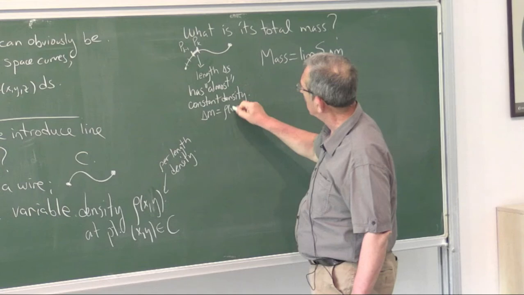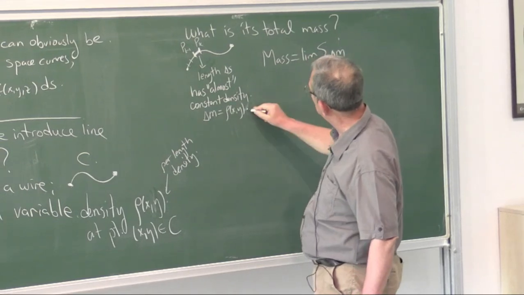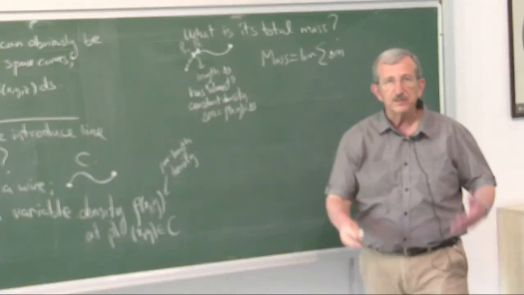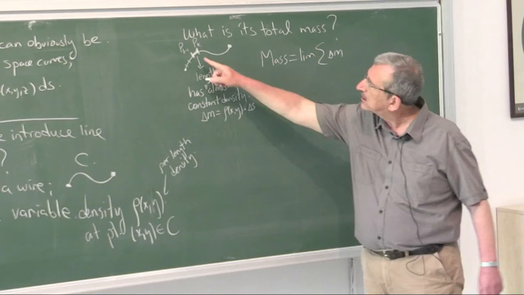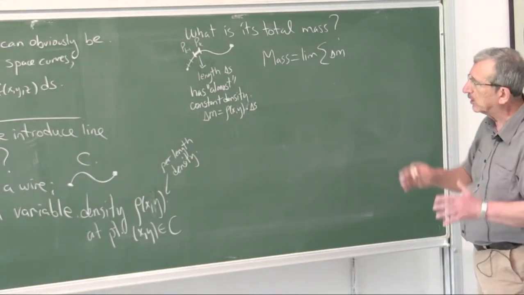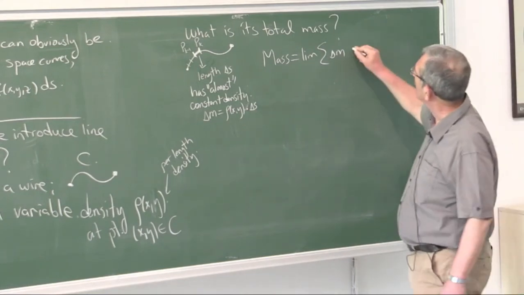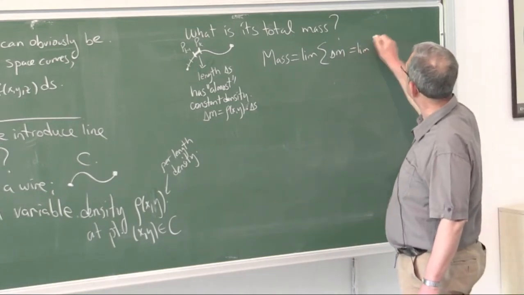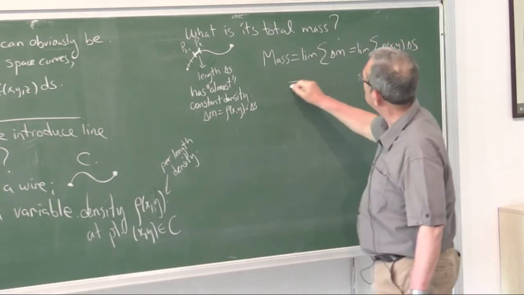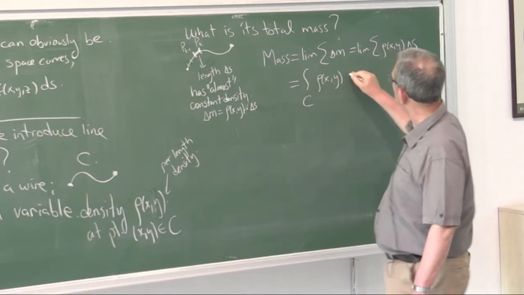This is rho(x,y) times delta S. Namely, mass is per length. So the mass of this piece would be roughly density, which is almost constant, times the length. So this would be the limit of rho(x,y) delta S, which of course is the integral over C of rho(x,y) ds.